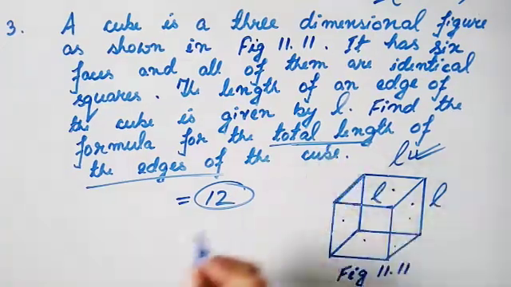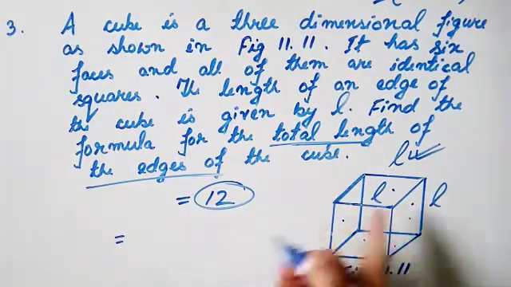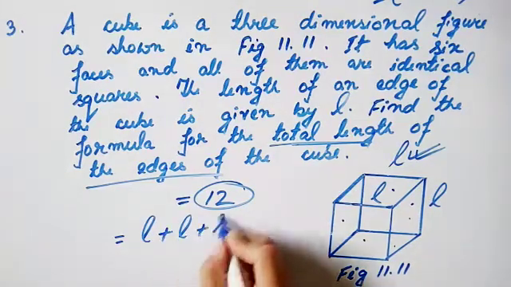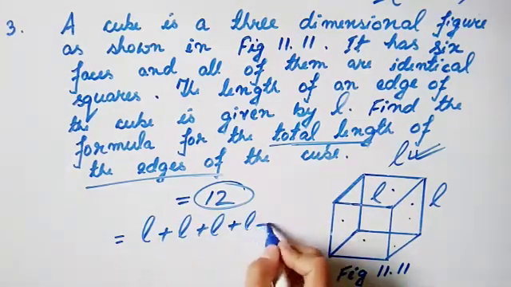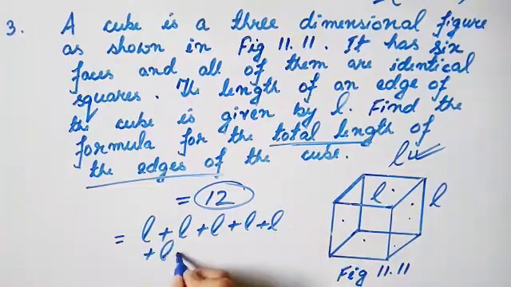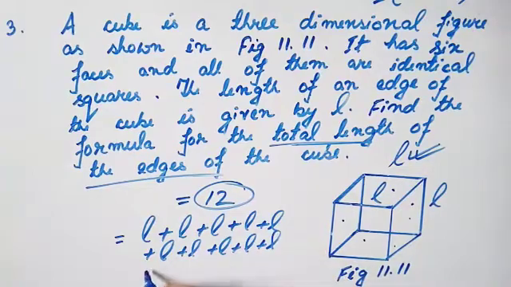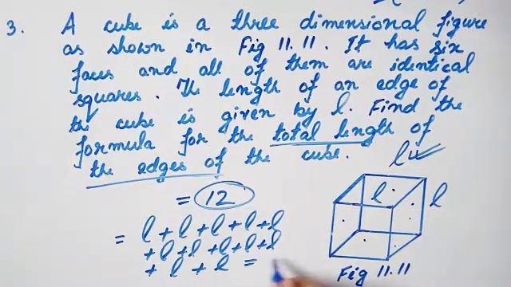Understood? So the total length will be given by, since there are 12 edges, we have to add 12 L's. 1, 2, 3, 4, 5, 6, 7, 8, 9, 10, 11, and 12. So our answer will be 12L. Understood?